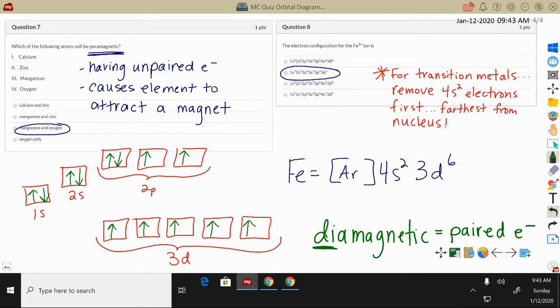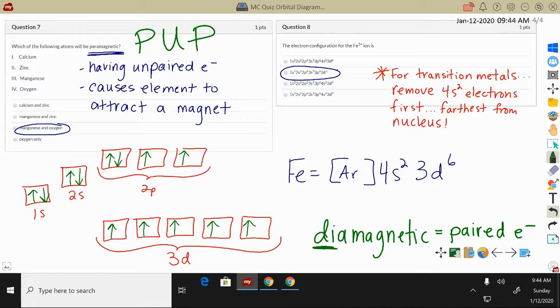And then paramagnetic means they're unpaired. This is the best I could do. Like PUP, it helps me. P-U-P. Para, unpaired. Paramagnetic means there are unpaired electrons. Di means 2. There are 2 electrons paired in an orbital.